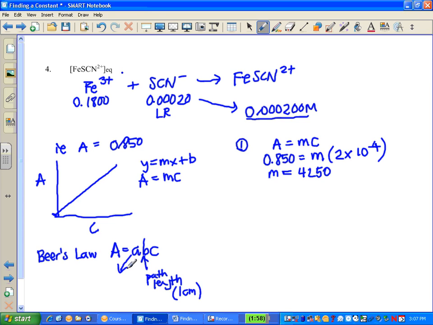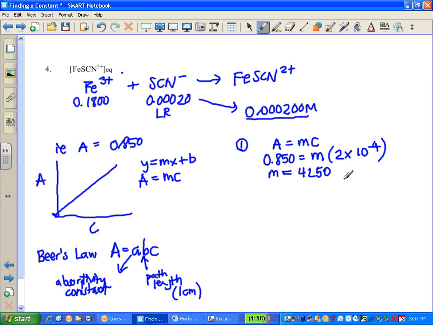And A is the absorptivity constant, which is unique to the substance that we're dealing with. So that's a little aside, important for AP students only.